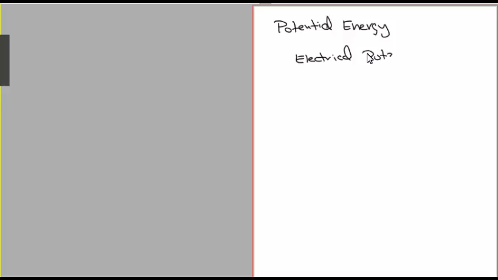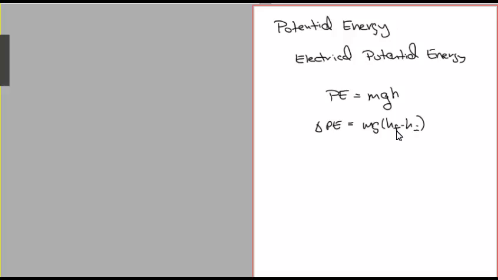And if you remember about gravitational potential energy, it was equal to the mass of the object times the acceleration due to gravity times the height above some reference, with the key being reference. So when we were interested in the change in gravitational potential energy, we were interested in the change in height.